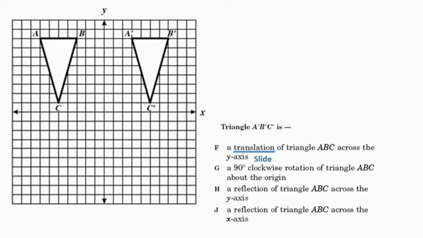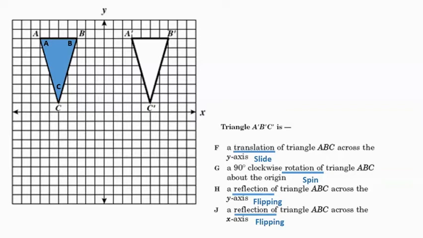Well, a translation means that it could be slid. We could slide it onto its image. Rotation means we would have to spin it to get it onto its image. A reflection has to be flipped, and again we see reflection, which means to flip. So I'm going to imagine this triangle, A in the left-hand corner, B in the right-hand corner, and C in the bottom.